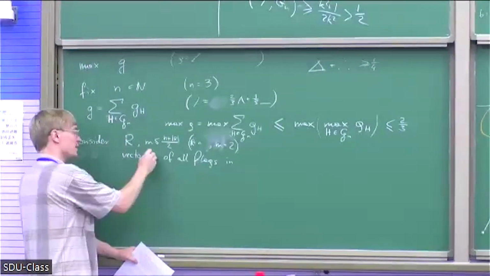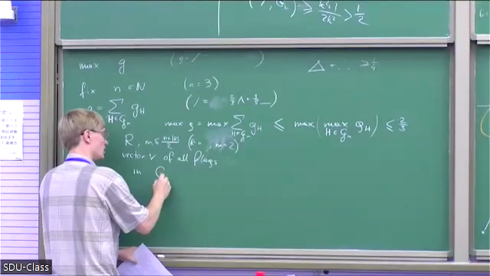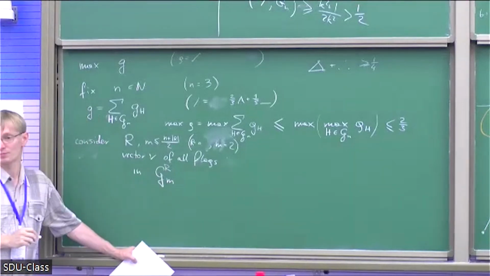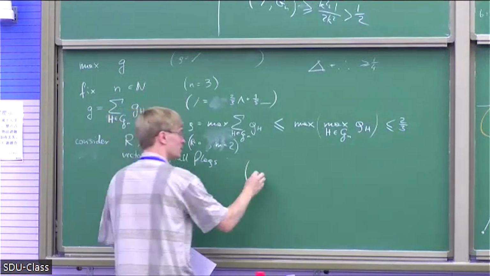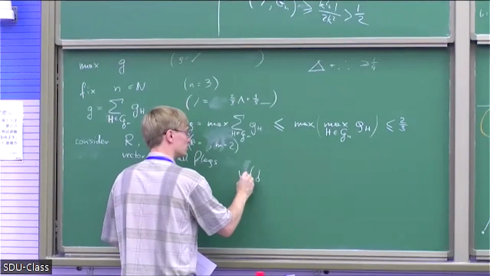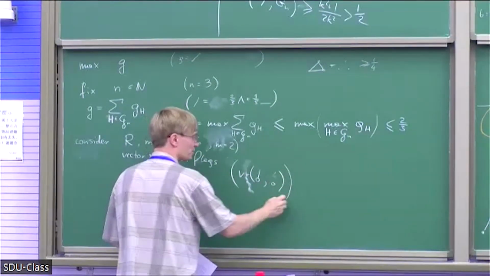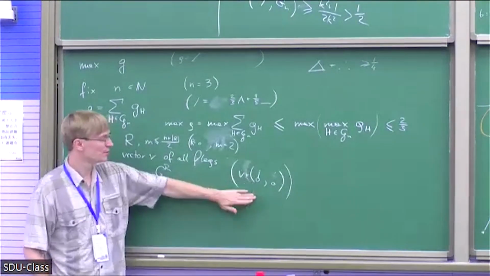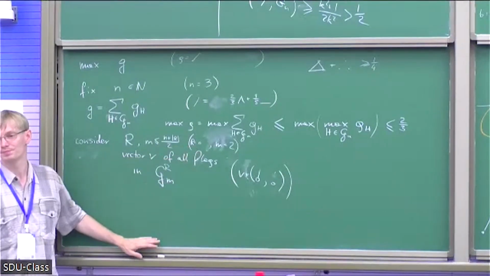Now I consider the vector of all flags which are of size m and are rooted with this labeled R. In this case, it was the vector consisting of a rooted edge and a rooted non-edge. This is all flags on 2 vertices with this root.